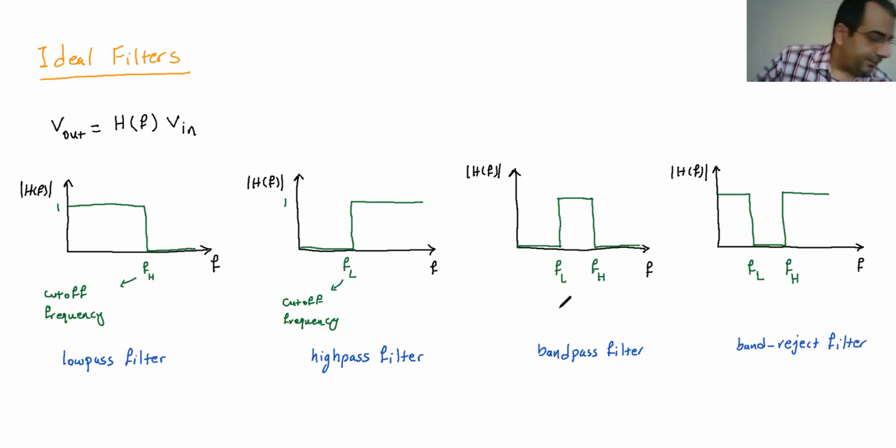So these are the main 4 types of filters that we usually try to design and work with. These are, as I said, the ideal filters, and usually we cannot get to any of these.